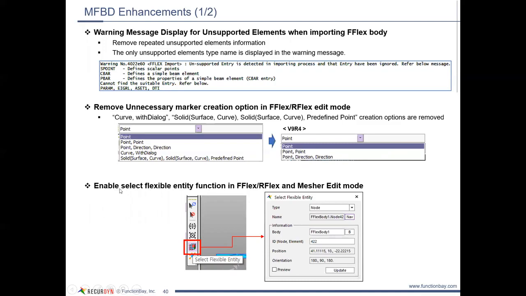There's a way to now select this flexible entity function, and this is active both with FFlex and RFlexGen, and also when you're in the mesher.